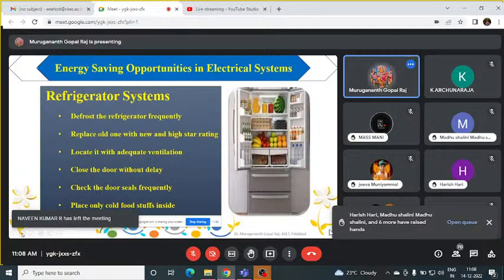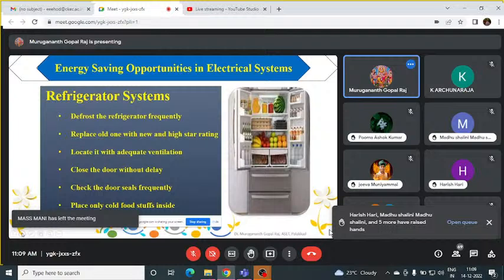Then after 6 hours or 8 hours or 4 hours, switch it on. After switching it on, let it run idle for half an hour so that the compressor gets loaded. Then you load your refrigerator. Ensure that the loading capacity is filled only to 75 or 80%, or hardly 90%. Don't overload your refrigerator.